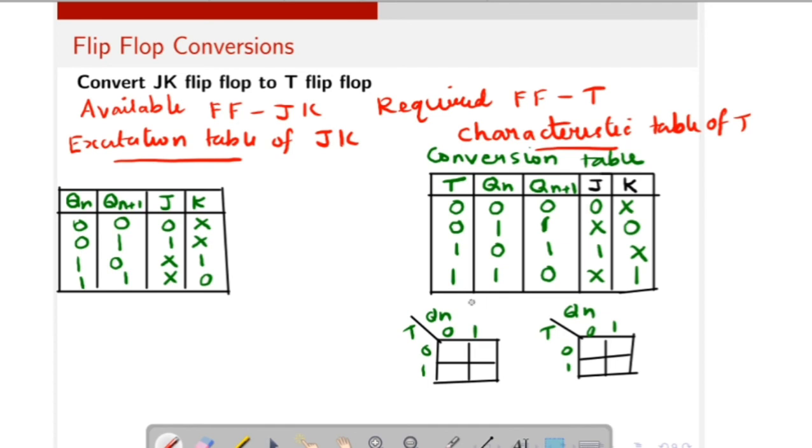So this is the K map of J and this is the K map of K. Right. So don't care for 0 1.